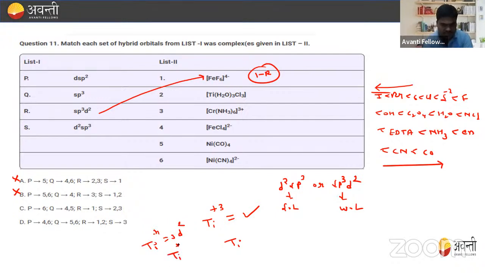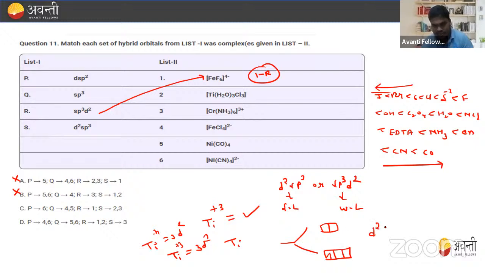So titanium in the +3 oxidation state will become 3d1. So according to this theory, 3d1, how will they fill this? This will be like the CFT theory. Okay, so they have only one unpaired electron.